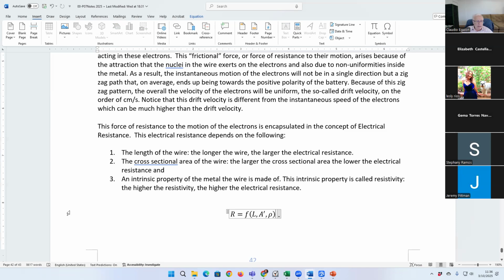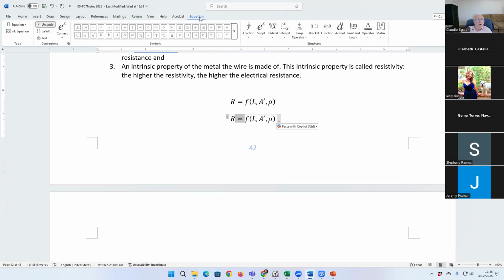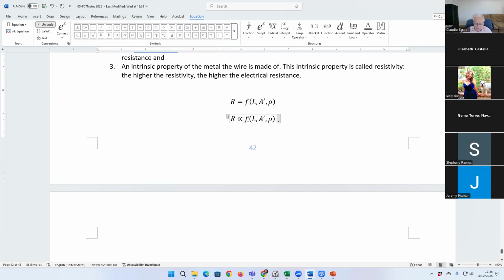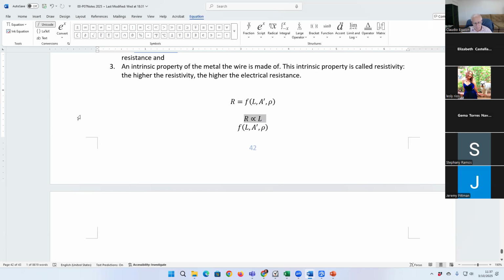And then we can go even further than that. We can also state that the resistance is going to be proportional to the length, inversely proportional to the area.